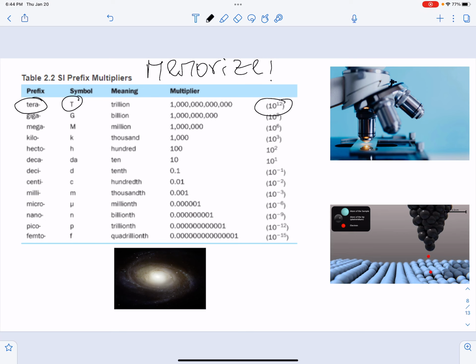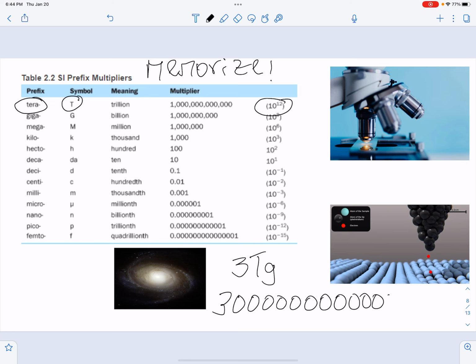And 10 to the 12 means that if I have something that is 3 teragrams, that means that I have 3 followed by 12 zeros in grams. And that's the symbol that we use. So you should memorize this.